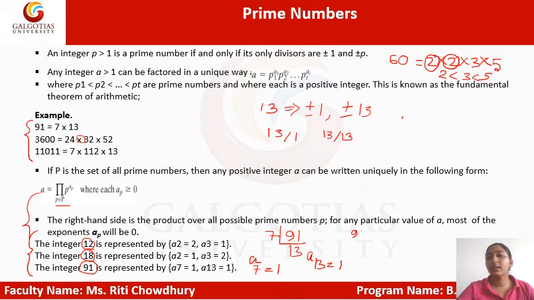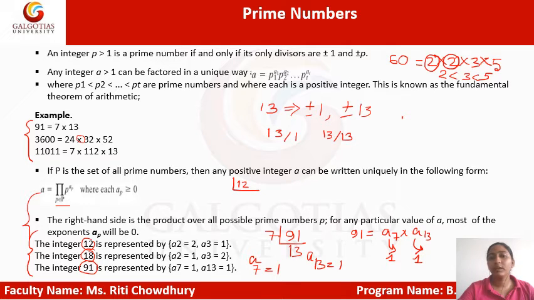So 91 is the cross product of 7 to the power A7 and 13 to the power A13. A7 has value 1, that means we need only one 7, and we need only one 13 for A13 equal to 1.